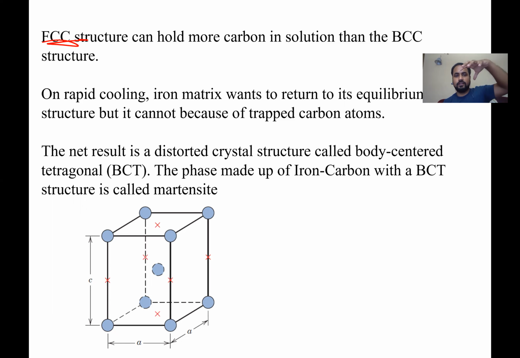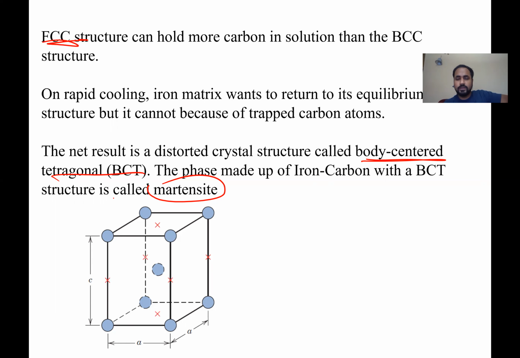It's stuck in the middle, and that structure is a distorted structure. It's called BCT, body center tetragonal. And that structure gives rise to the phase called martensite. It's not austenite, it's not ferrite, it's somewhere in the middle. It's a metastable phase, and it's called martensite. And this phase formed because the carbon didn't get enough time to diffuse out, and everything just froze. So that's why you get the martensite formation.